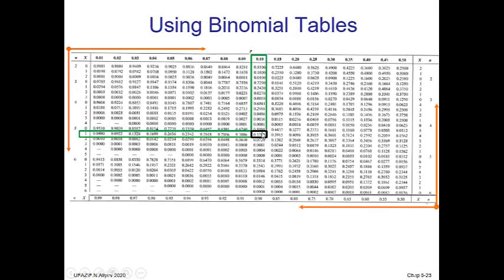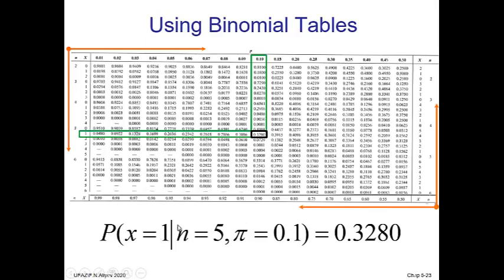It's accurate with 4 decimal places. And try to also follow this rule to write the probability. First, you should write x, and then n, and then pi. Okay, x1, n5, pi 0.1, and the probability of this is 0.3280.